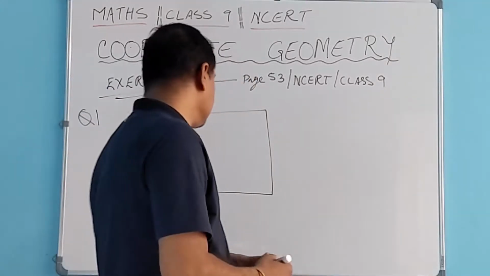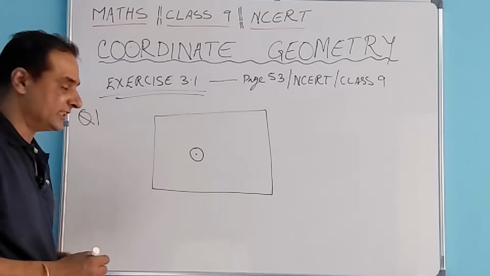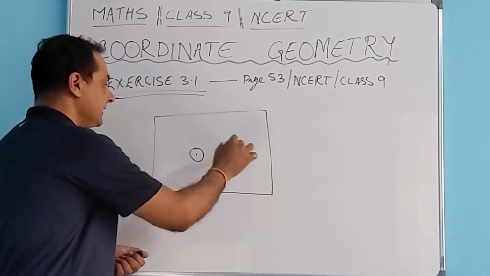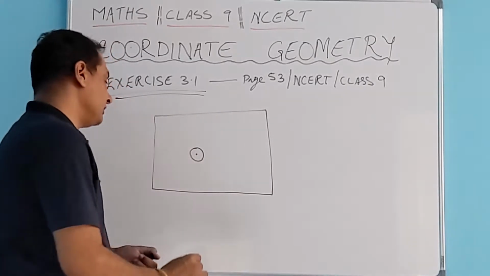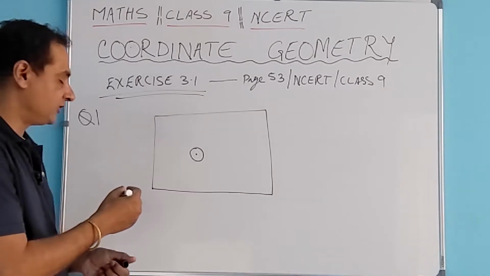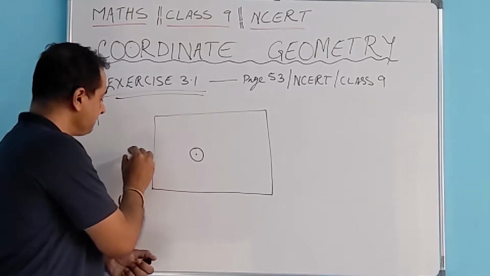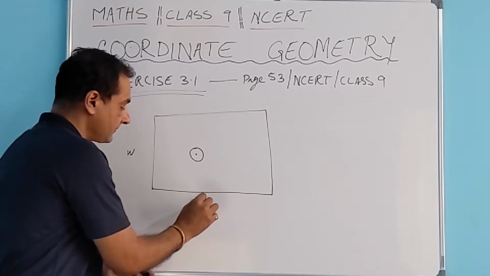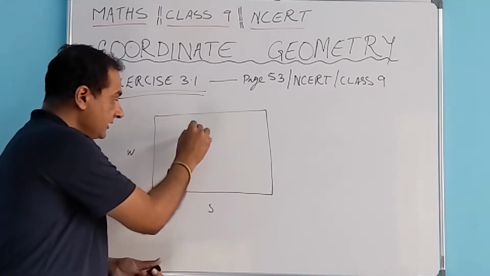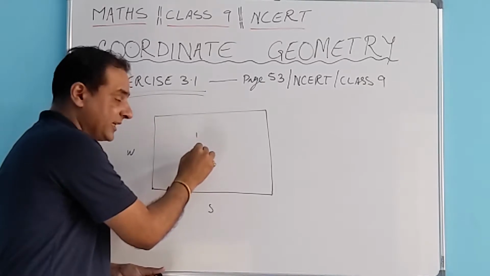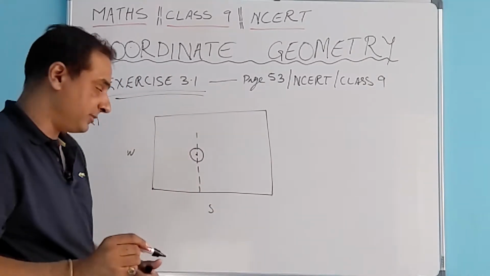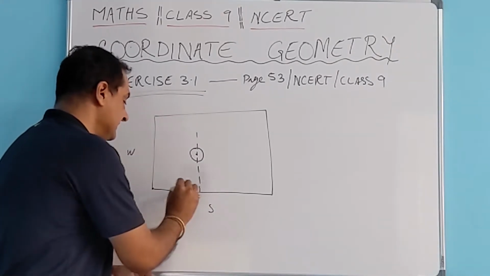First of all, let's consider that this is the study table you have, and you can define these edges just to identify that this is east-west and this is north-south. So you can say, if you consider a point which is on one of the corners, towards the west south corner, from here you are going to draw a line which passes through the center of your table lamp base, and you get this distance.